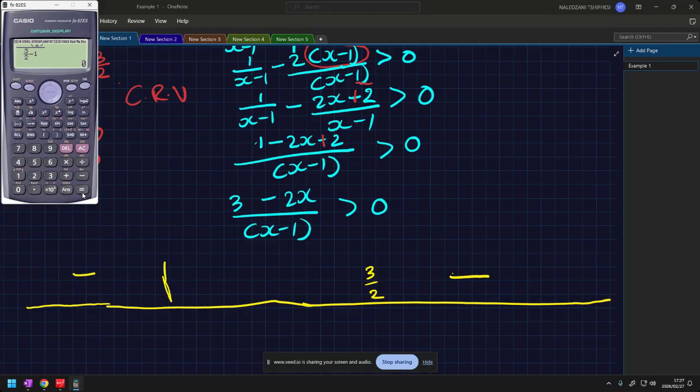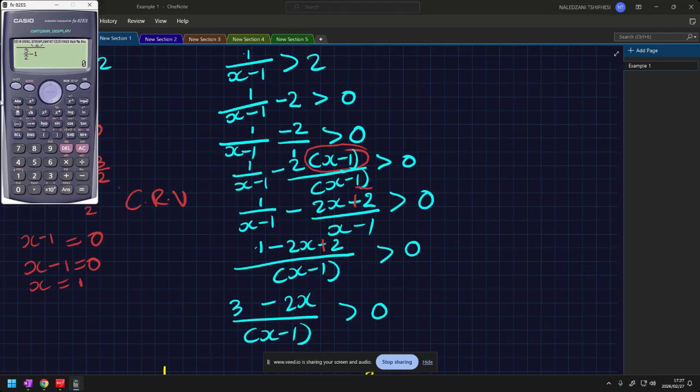It's going to give us 0, and it must be greater than, right? That means that one is not included. Okay, let's place 1. That's an error, right?